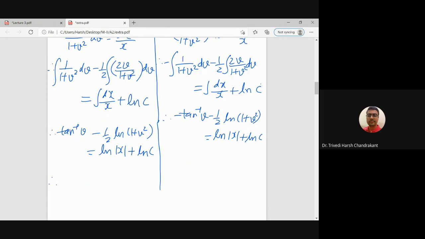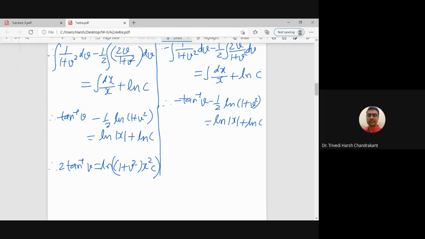So the left side will become, we can multiply by 2. So we get 2 tan inverse v is equal to log, 1 plus v square we can take on the other side, so it will become plus. And 2 times log x will become x square times c, right?